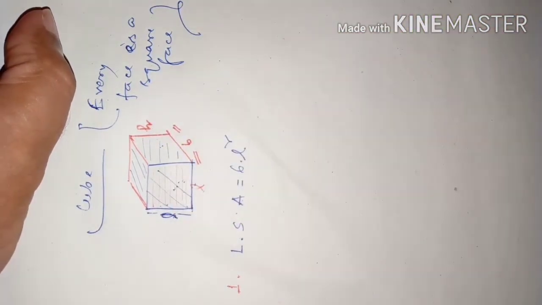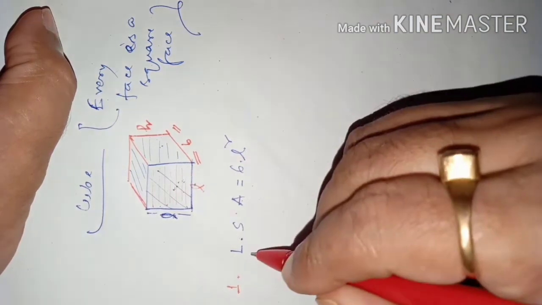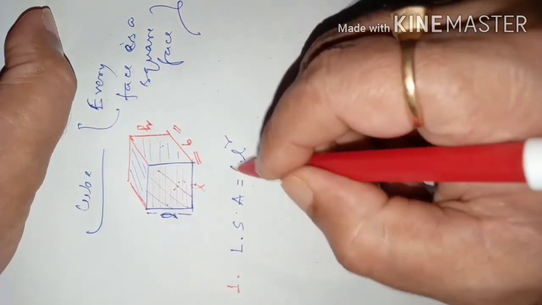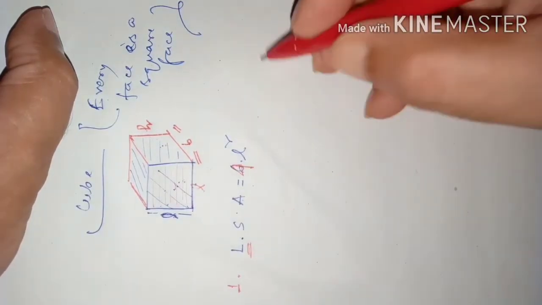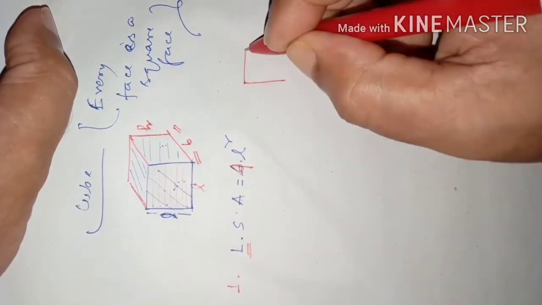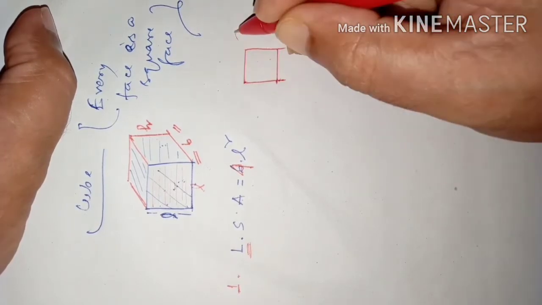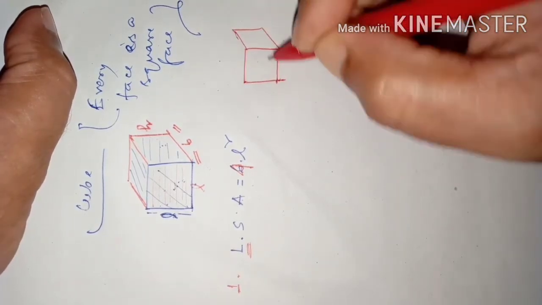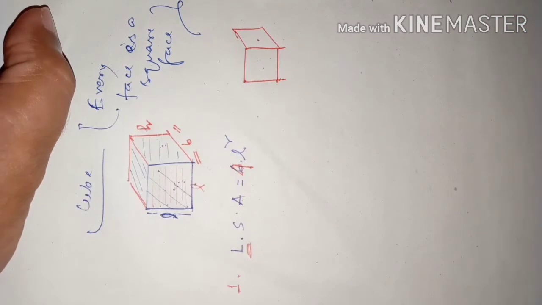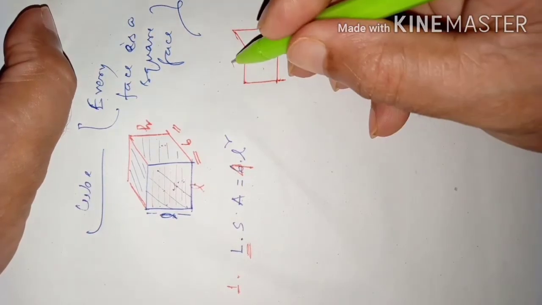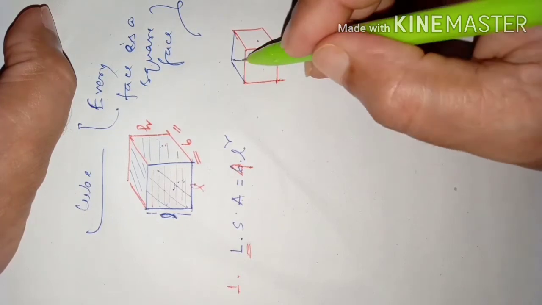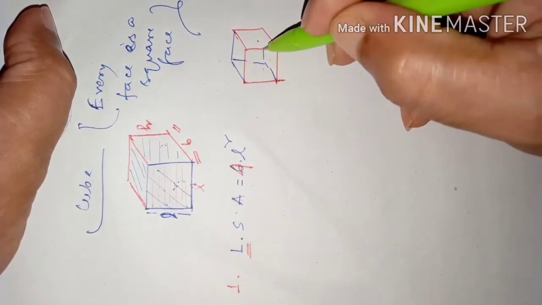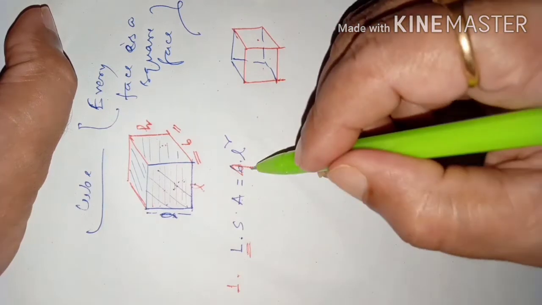But the lateral surface area is also known as 4L square, because we are considering only the walls. Lateral means the walls' area. So we are considering this wall, then another wall here, and opposite to these two walls, we are considering the other two. So the 4 walls' area will be 4L square.